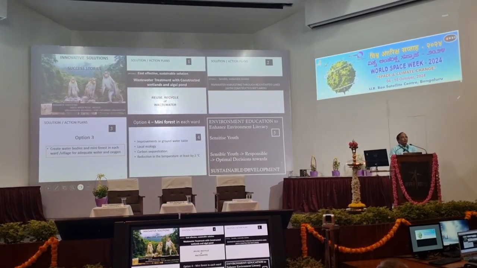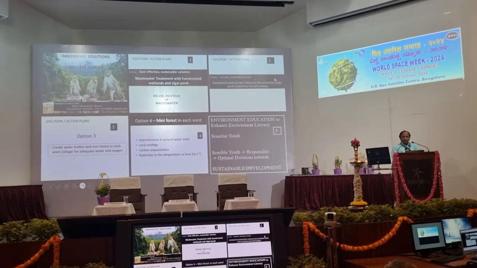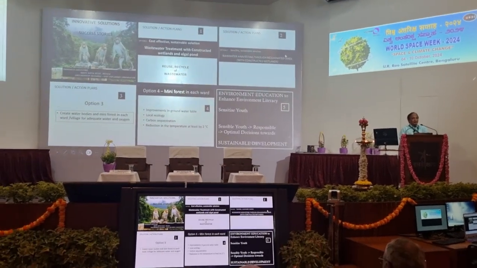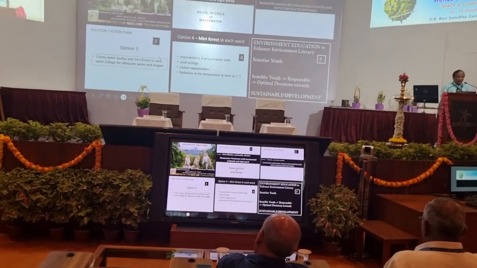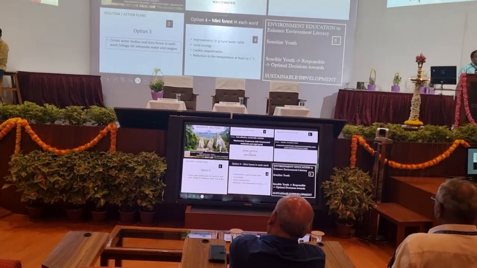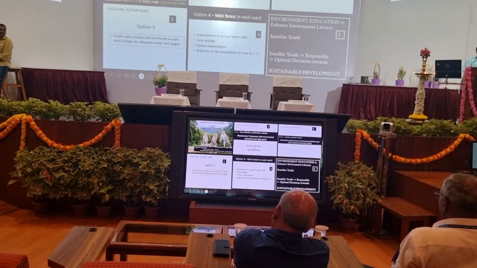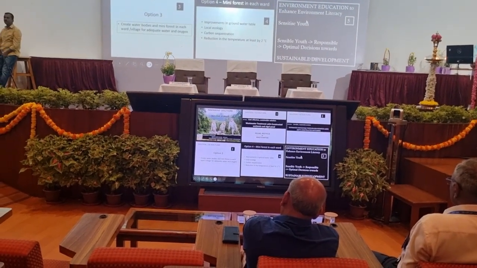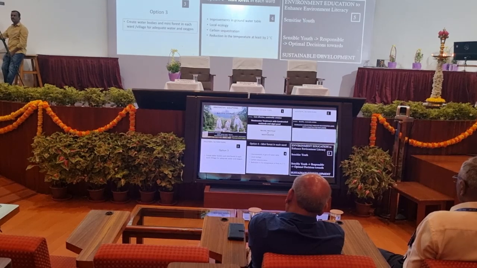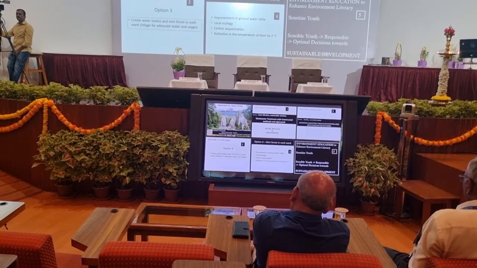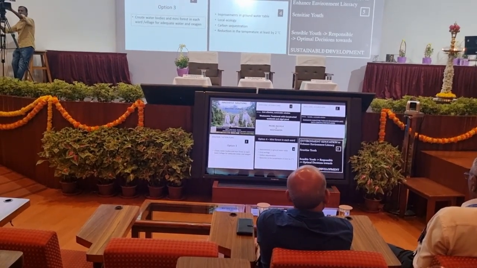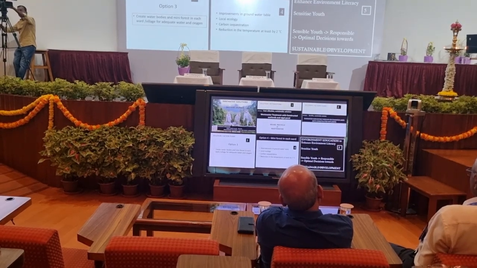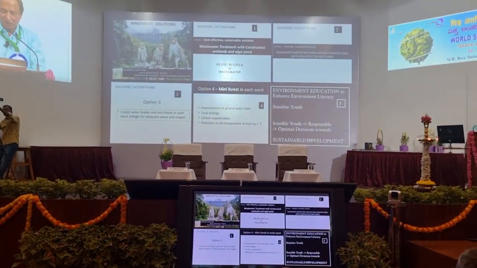Wastewater treatment, a low cost option. Then how to sustain water on the earth? I have talked about it. I have a model like water bodies or the mini forest in my campus. And more importantly, I communicate to the youth. When I communicate to the youth, I make sure they listen to me. And when they listen, they take this idea forward. That's what I want also.